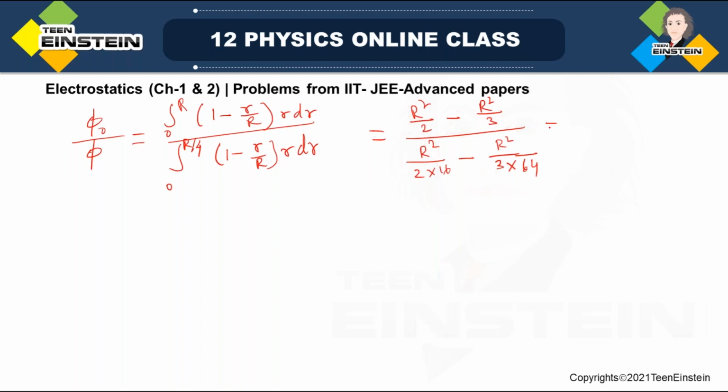Now look, in the numerator it will be r square by 6 only. What about this? We'll take r square by 32 common, so it will be 1 minus 1 over 6, that is 5 over 6.